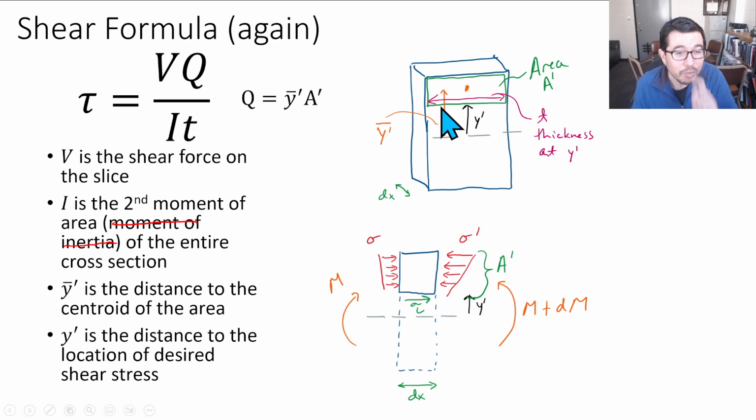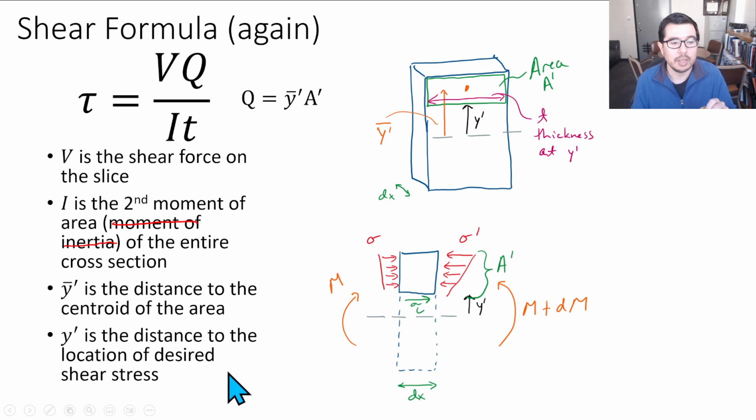And going even further, if we look at Q, and we want to figure out how to calculate Q without doing that integral every single time, we can find the centroid of this green portion, of this region above where y prime is, and then multiply by the area of that region, to get the first moment of area.